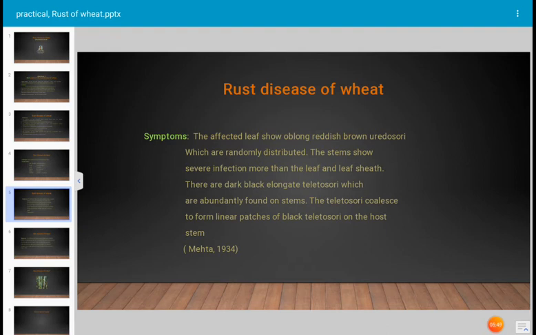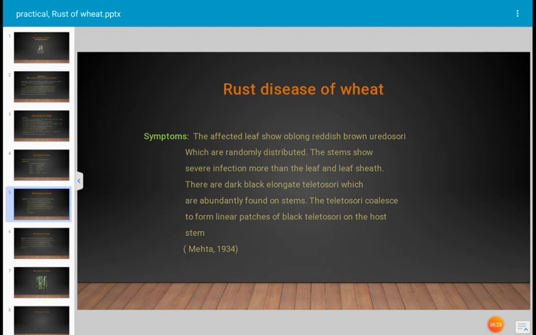Which type of symptoms are caused by this fungus, that you have to write during practical. Symptoms: the affected leaf shows oblong reddish brown uredosori which are randomly distributed on the leaf. The stems also show uredosori in severe conditions, and after 2 to 3 months, teliosori are developed, which are linear patches or somewhat elongated dark black colored sori on the stem and leaf.